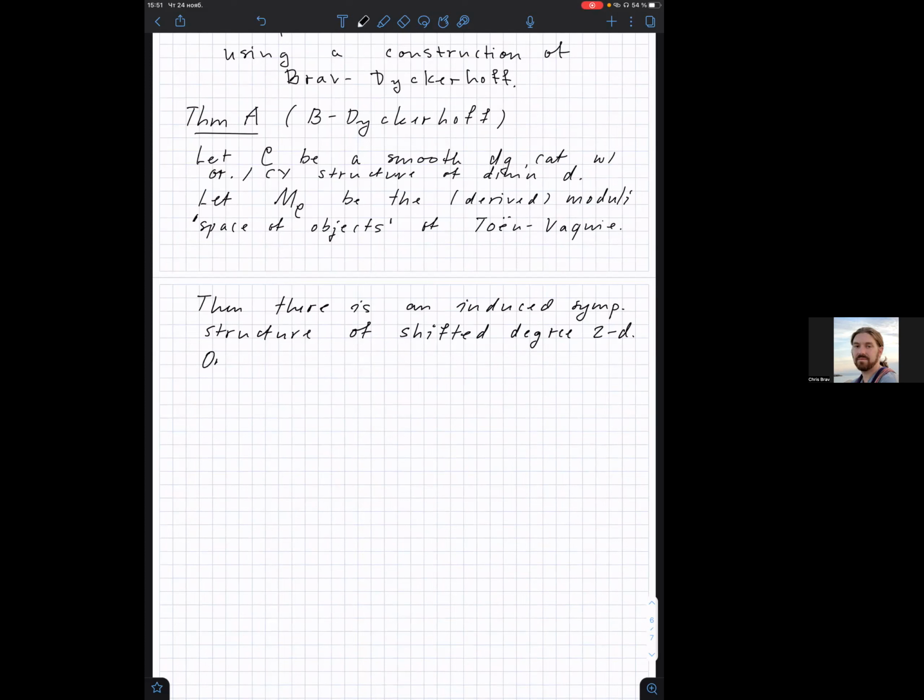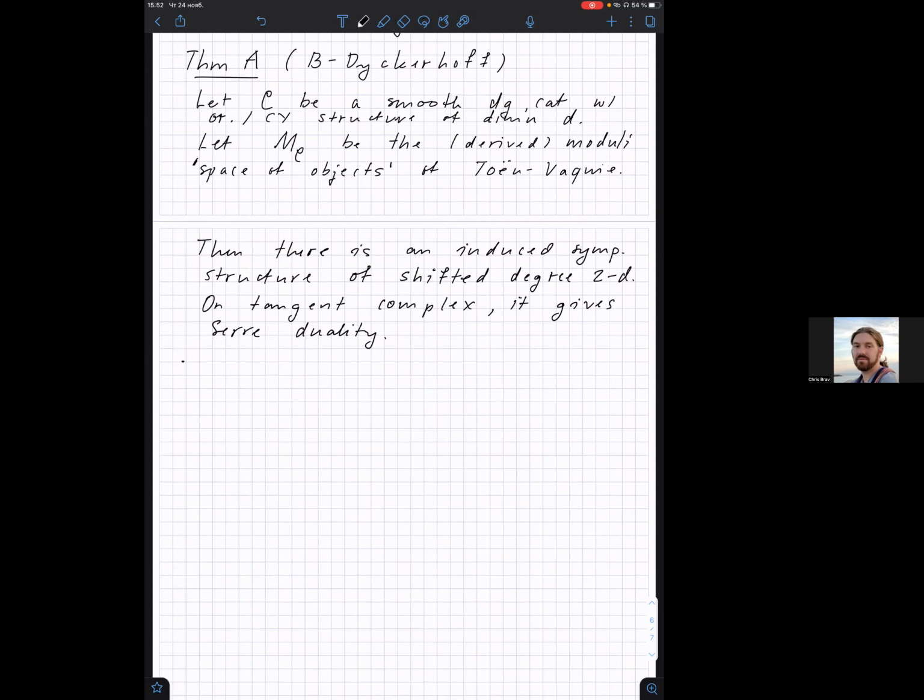And on the tangent complex, it gives Serre duality in this category, just like in the case of local systems, I have Poincaré duality.